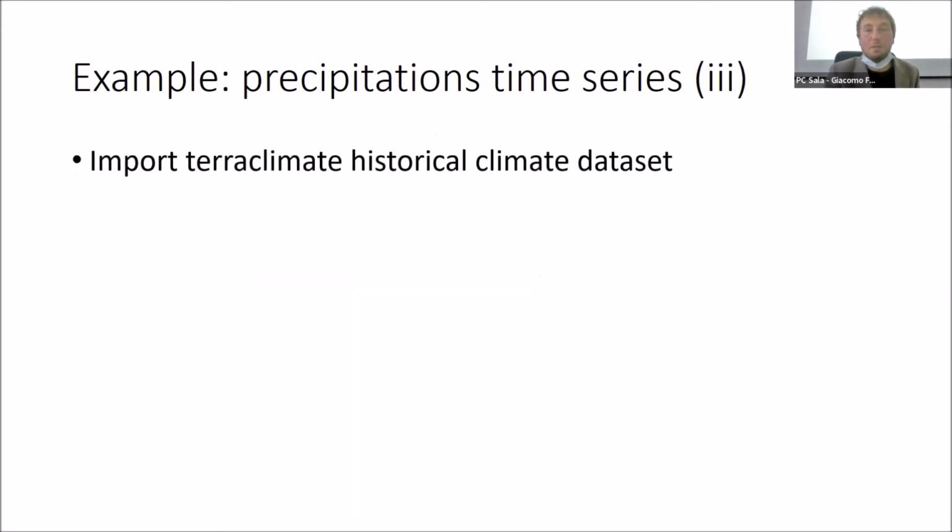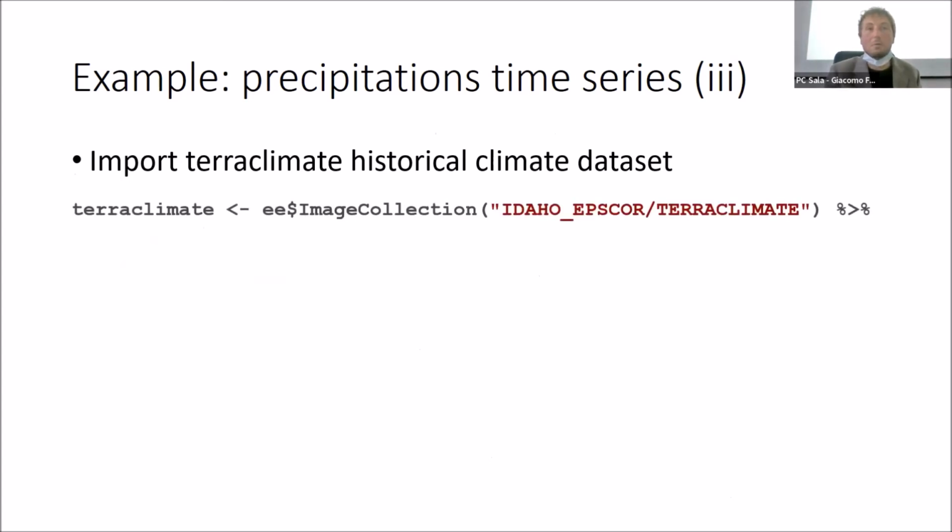First of all, we need to import the dataset in our R session. To do so, we will use the ee$ImageCollection function. This is where we load the image collection, which is already uploaded on the Google server, into our R session.